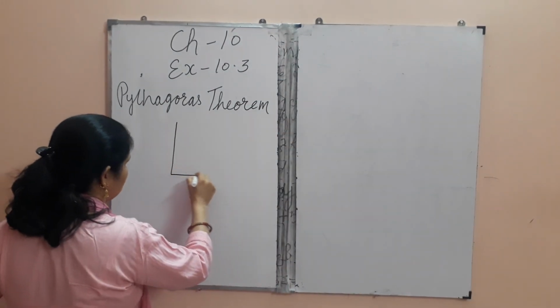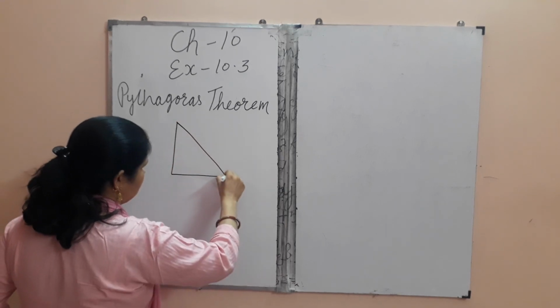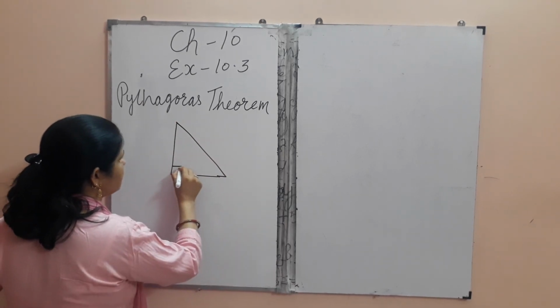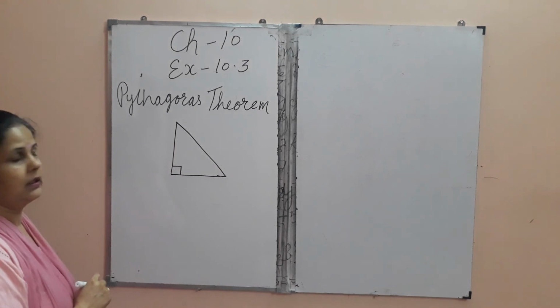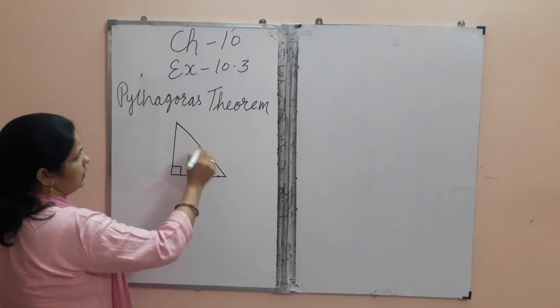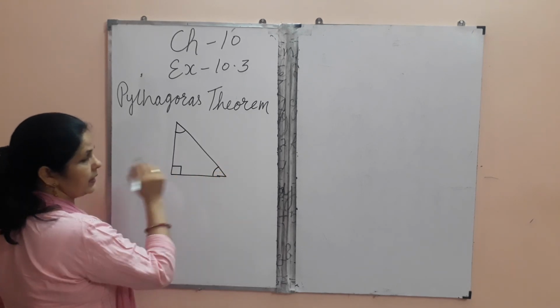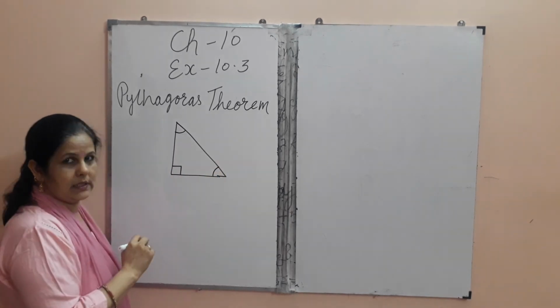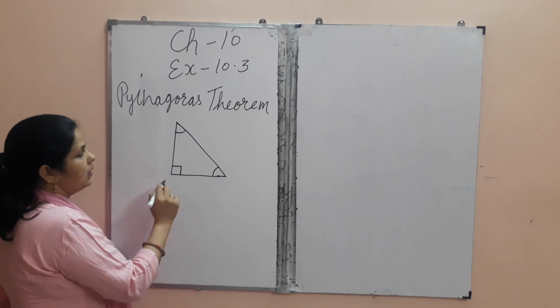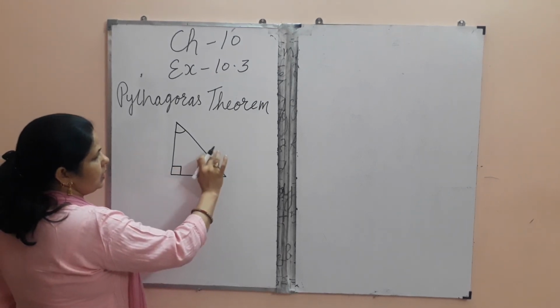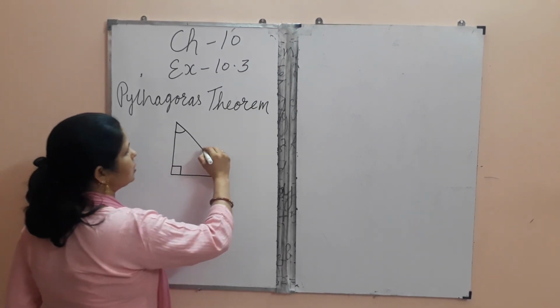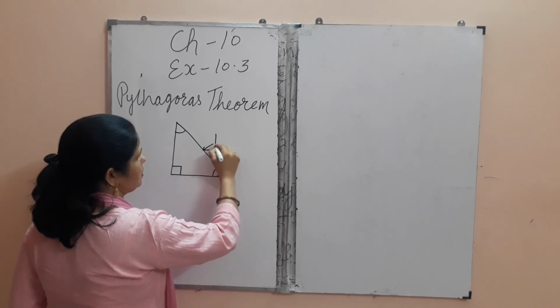This is a right angle triangle, and this is the right angle. This symbol is for right angle. Otherwise we draw the angle like this. The symbol of the angle is like this. This is the right angle triangle, right angle symbol. The side opposite to the right angle is called hypotenuse.